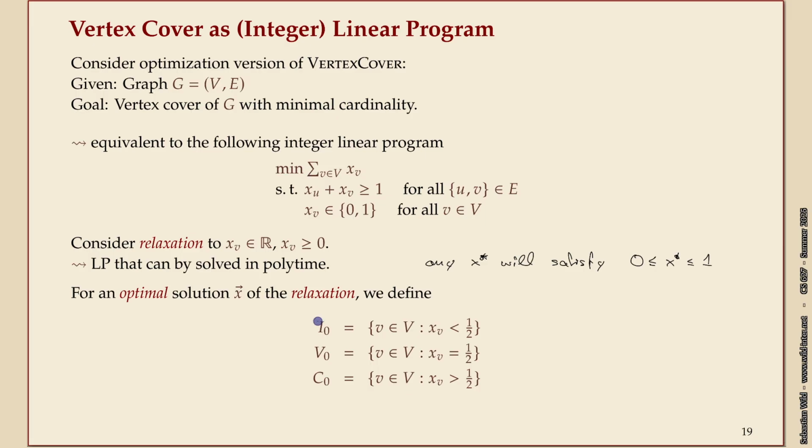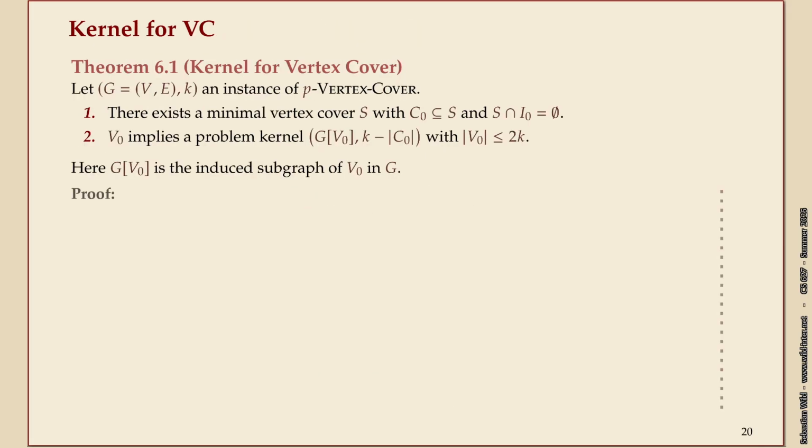Well, I is inferior, so it's less than 1/2, and C is somehow the ones above 1/2. The claim is you can, without loss of generality, always take the vertices in C0 as part of an optimal vertex cover. And you never need to take any of the vertices in I0.